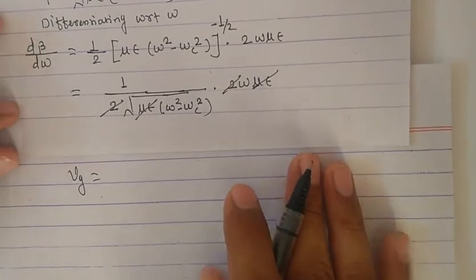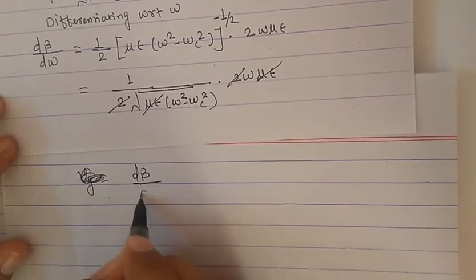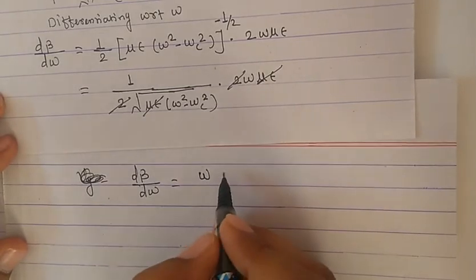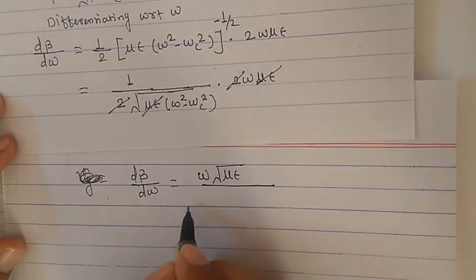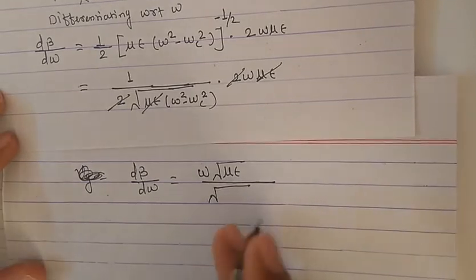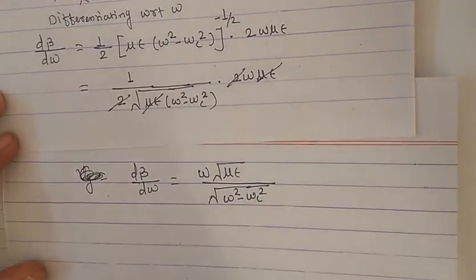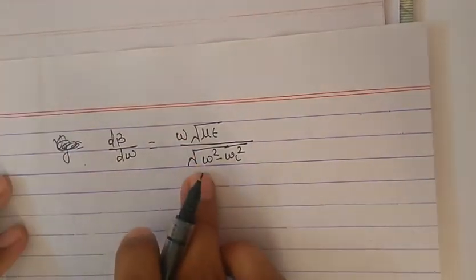So from this, for group velocity, we have d beta over d omega is equal to omega under root mu epsilon over under root of omega square minus omega c square. So this omega can be taken to the denominator.